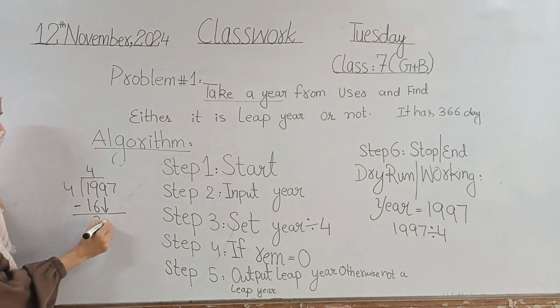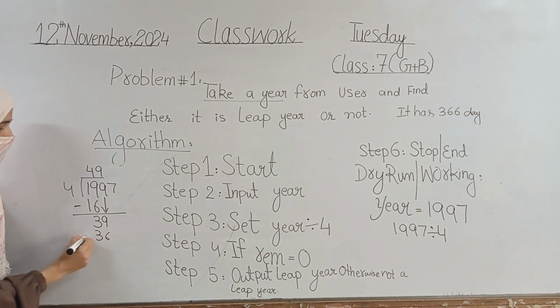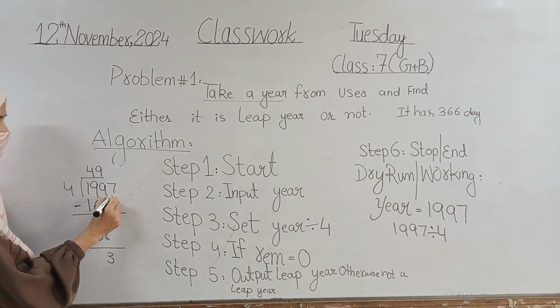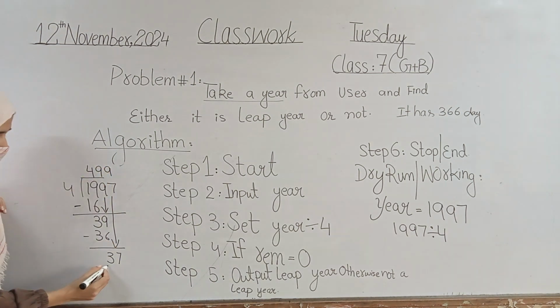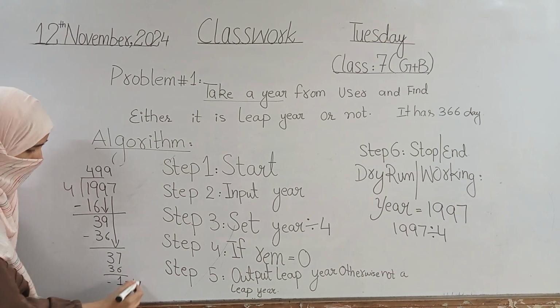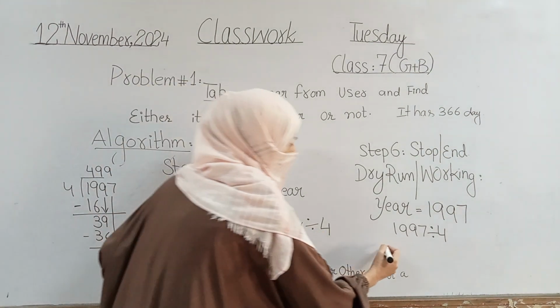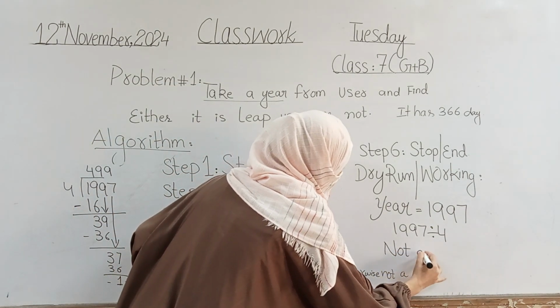Next we bring down 9. 9 divided by 4 is 2 times, 8, remainder is 1. Again we bring down 7, so we have 17. 4 times 4 is 16 and the remainder is 1. It means the output is not a leap year.